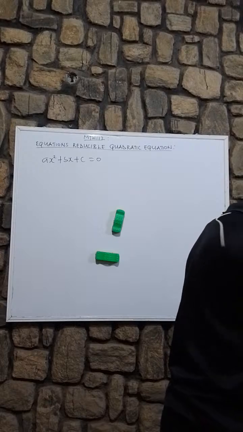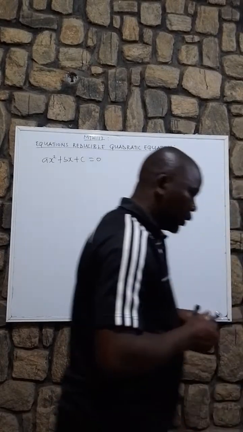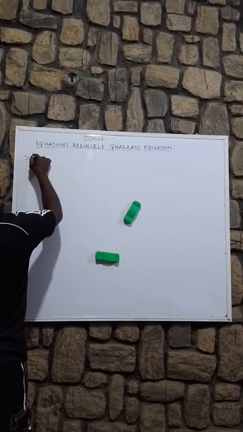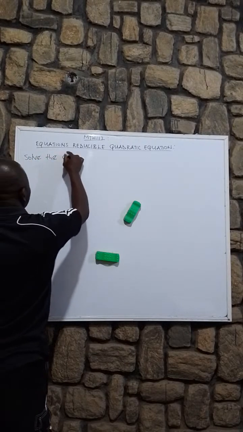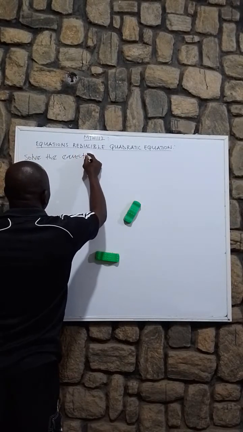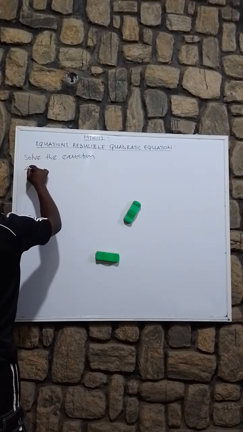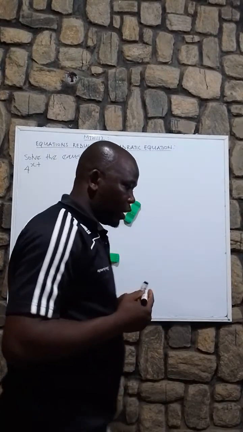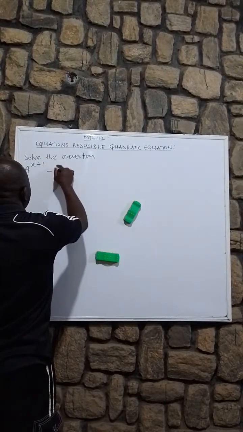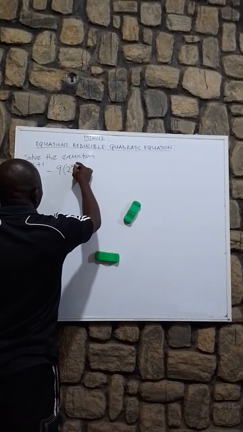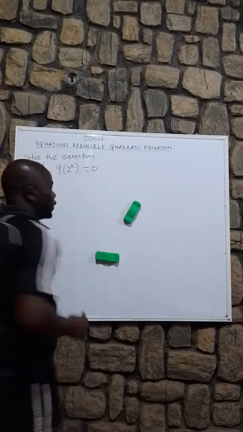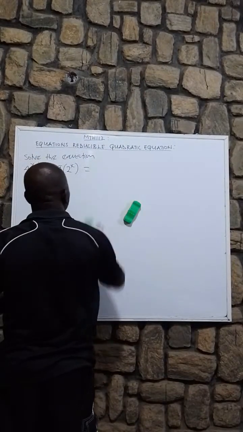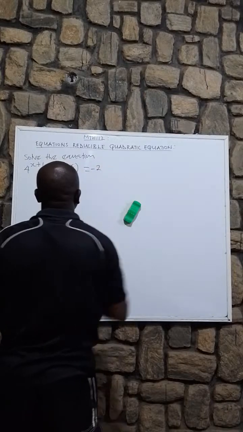One of the examples says solve the equation 4 raised to the power of x plus 1, minus 9 open bracket 2 raised to the power of x, equals to minus 2, right?